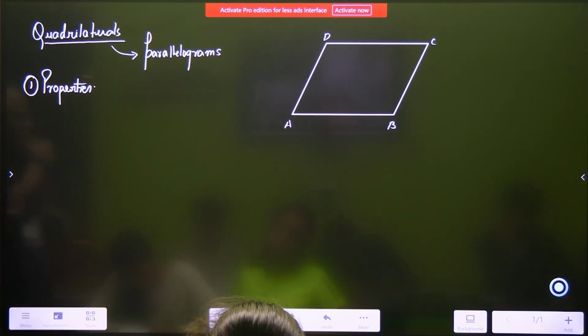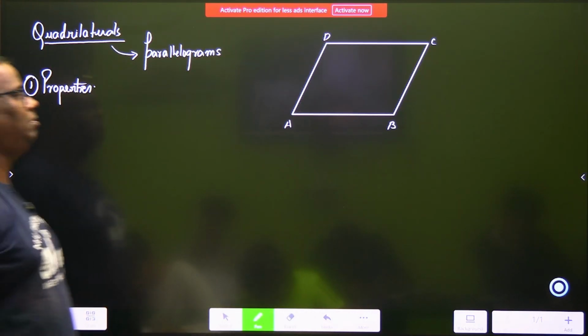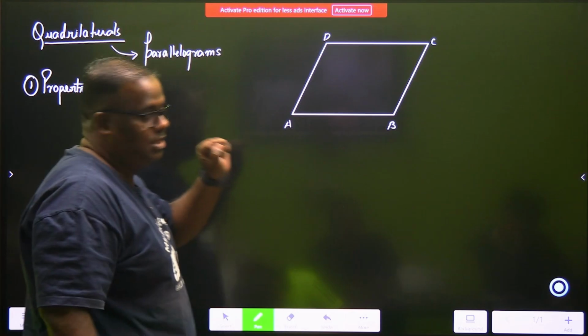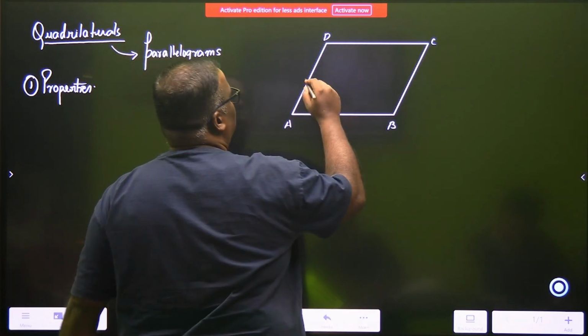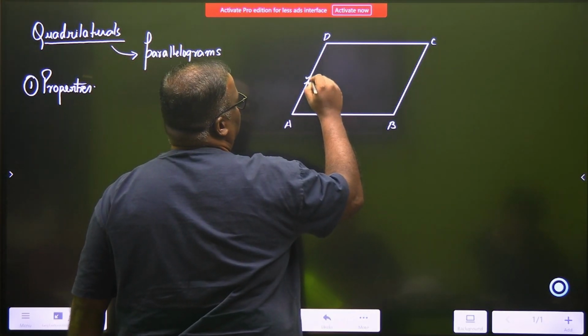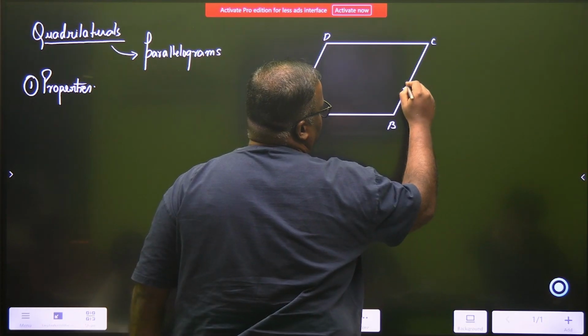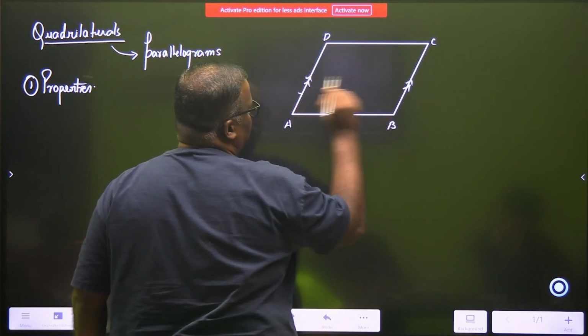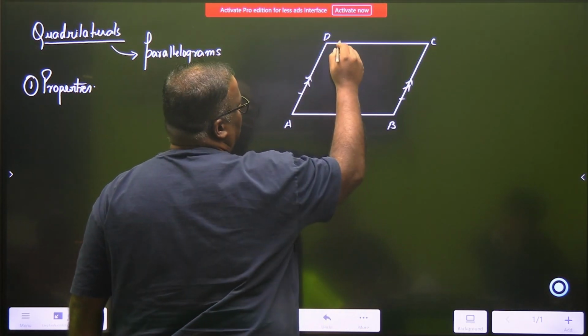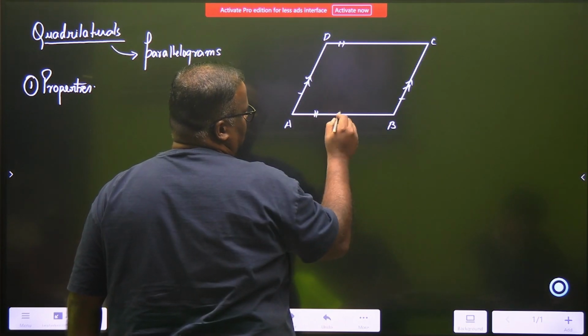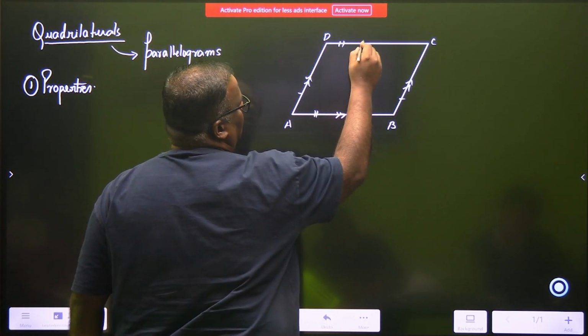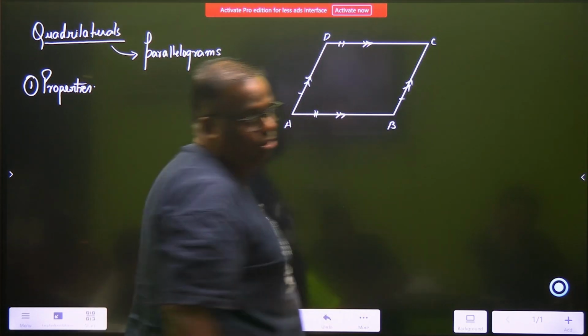Coming from grade 8, what we know is a parallelogram has 4 sides, out of which opposite sides are parallel to each other. This side will be parallel to this side, and they will also be equal to each other. Similarly, this side will also be equal to this side, and they will also be parallel to each other. This thing is known to you, right?